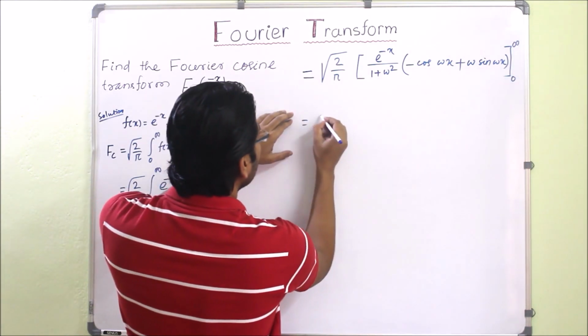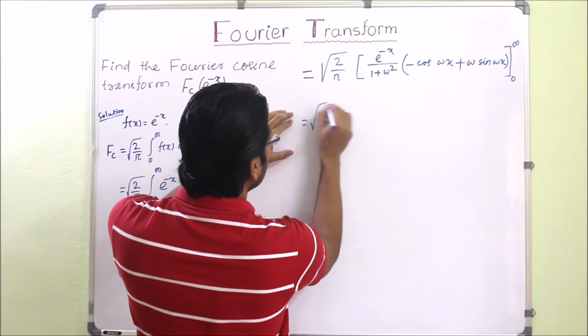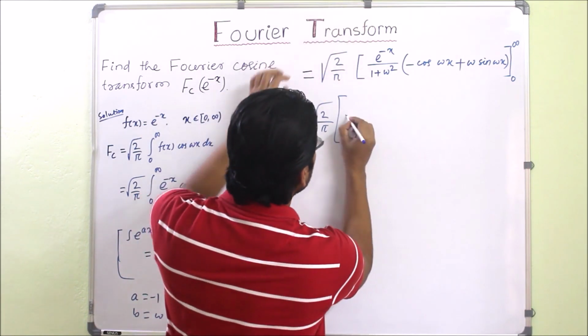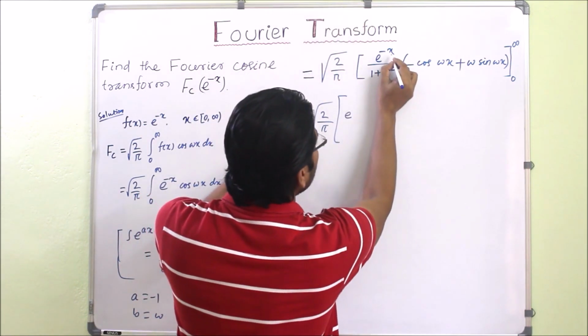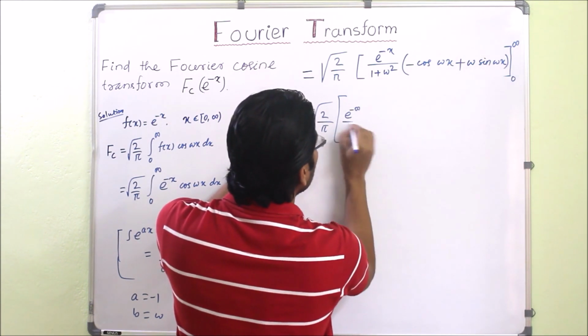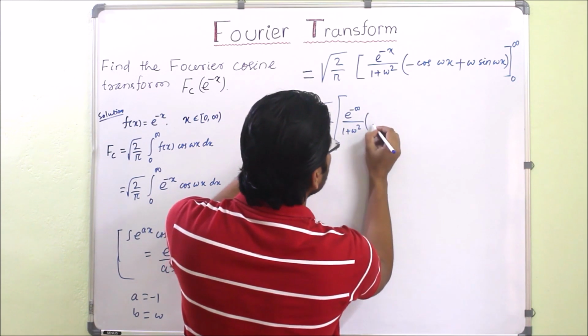Now what will happen? We will see square root of 2 by pi whole into e to the power minus x. In place of x, if I write infinity, then what will happen, we will see. First write all those things.